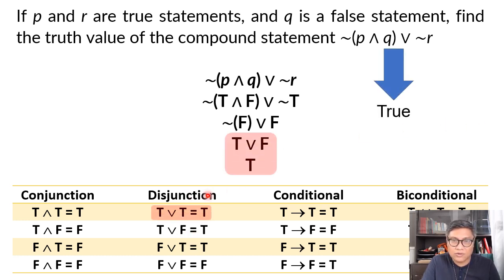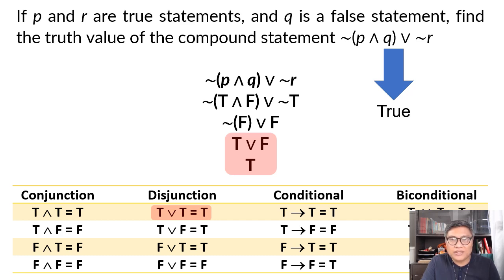So looking at this, we can now say that this entire compound statement is a true statement, given that P and R are true and Q is a false statement.